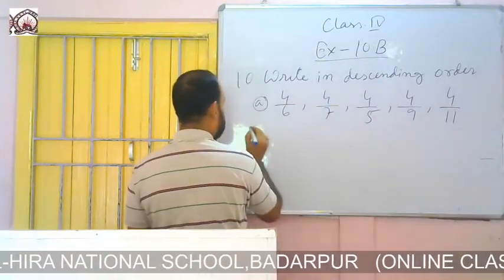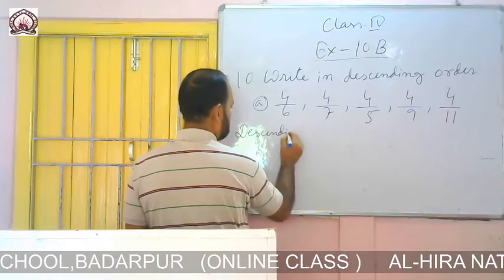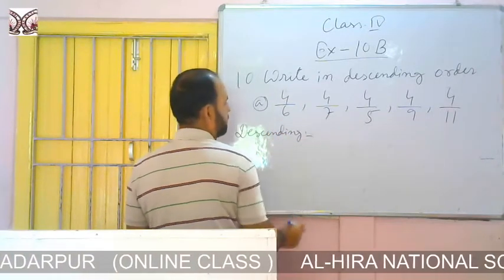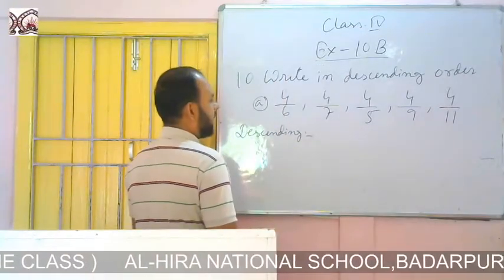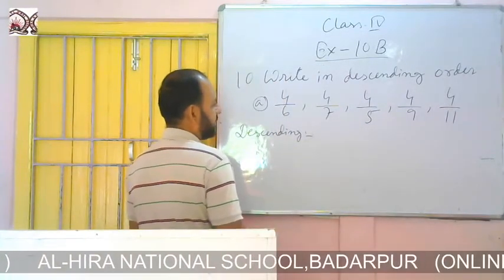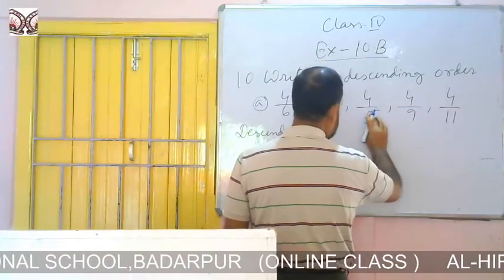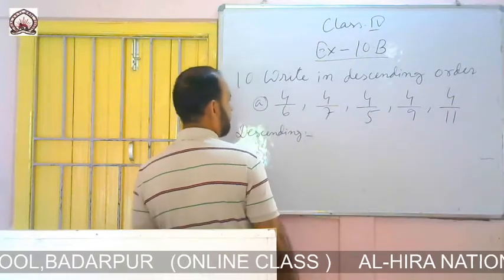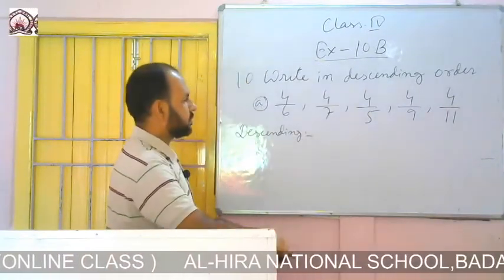So we write in descending order. If numerators are same, the smallest denominator gives the greatest number. Descending order means greatest to smallest.